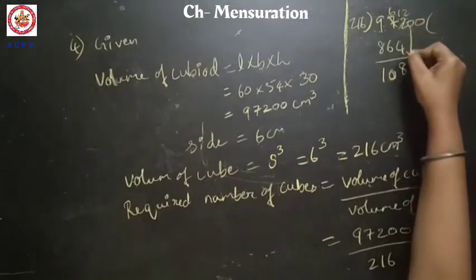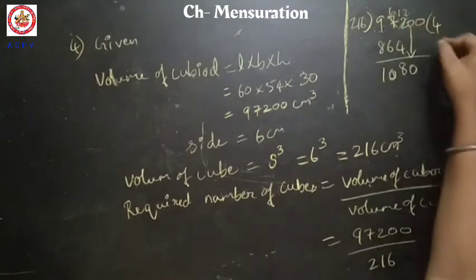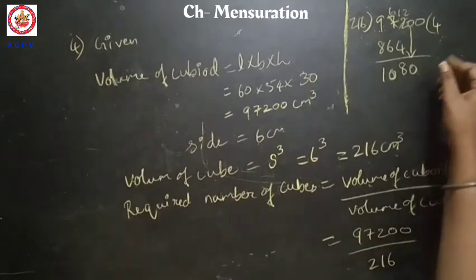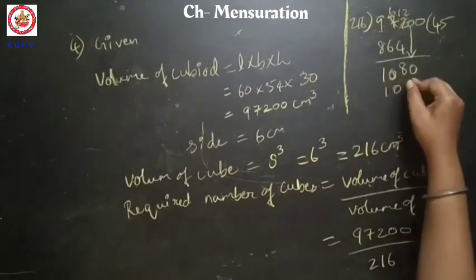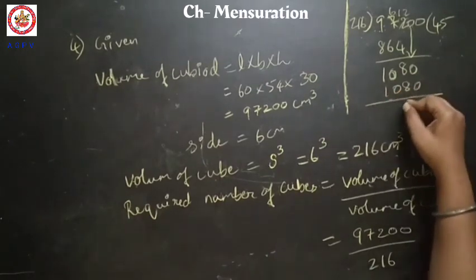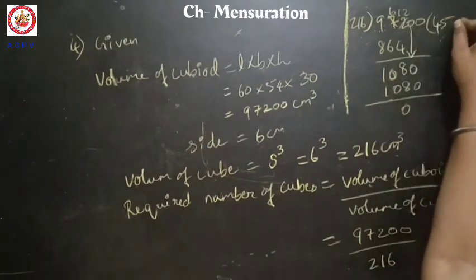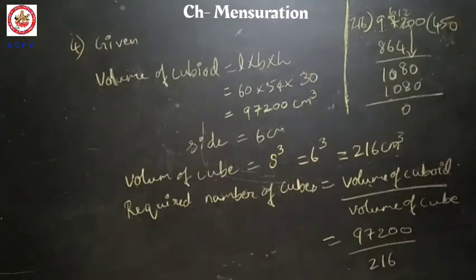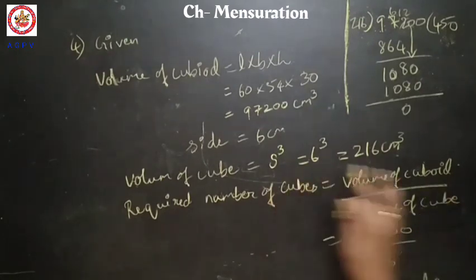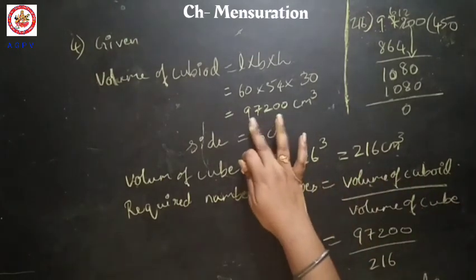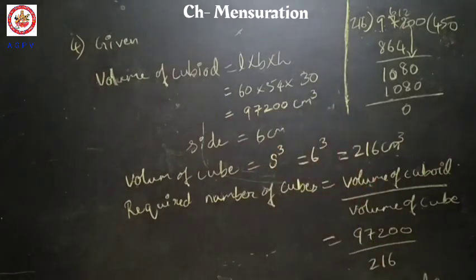If you bring this 0 down, 216 5s are 1080. So it will become completely 0. So 450 cubes are required to fill this complete cuboid, that is 97,200 centimeter cube. For that, 450 cubes can be filled inside it.